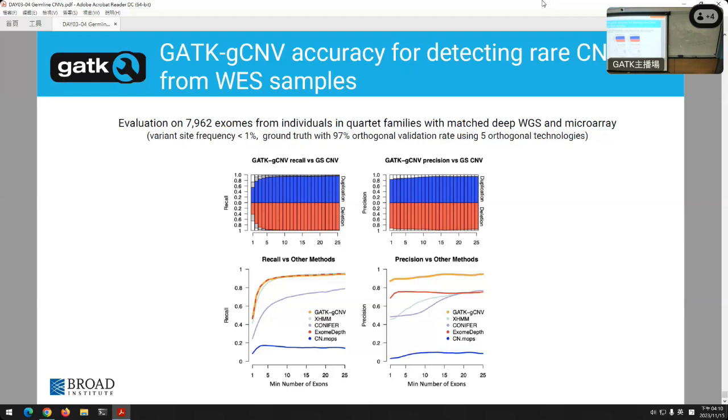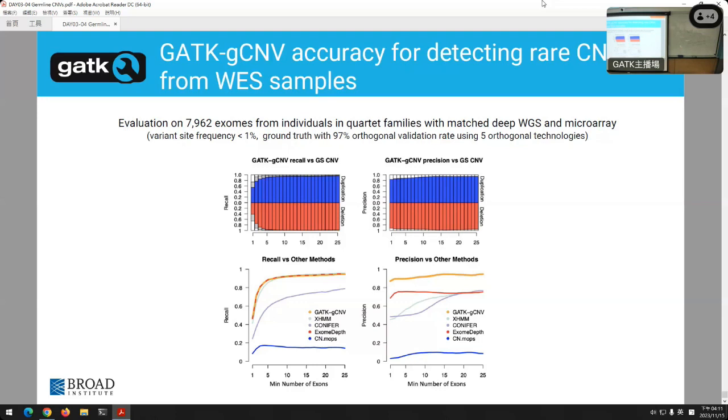Yeah, so GCNV does end up filtering out some intervals that are part of segmental duplications because those can be really messy in terms of read depth. You will get reads that might map to one part of the seg dupe, but they actually came from the other. So it's very difficult to do CNV calling from read depth in those segmental duplication regions.